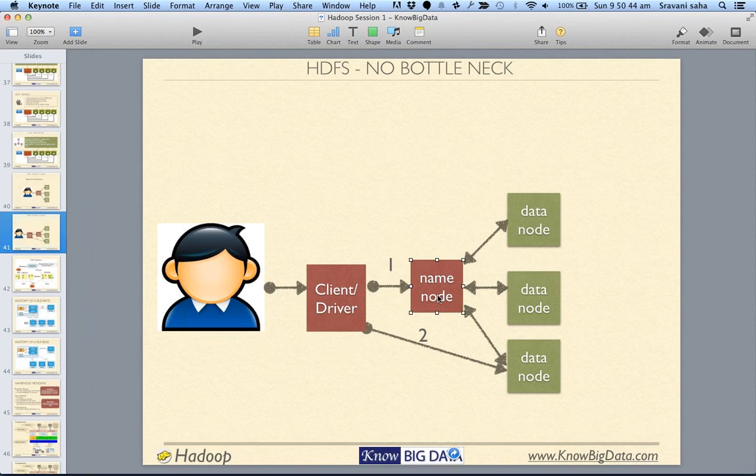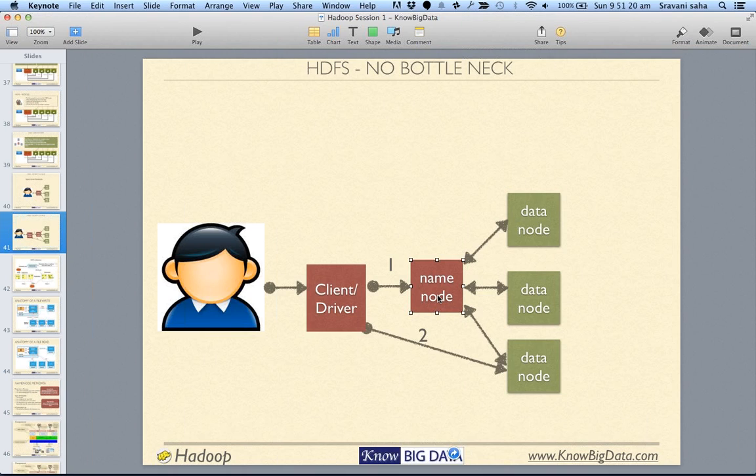For exactly the same reason, something called secondary name node was invented. So secondary name node remains as a backup of name node, sort of a standby of name node. Name node keeps informing about all the new metadata which is coming in, and all the data nodes inform name node as well as secondary name node about the possible changes.